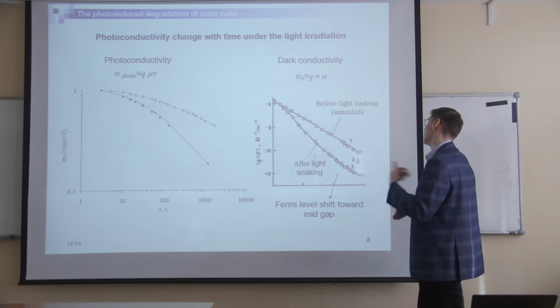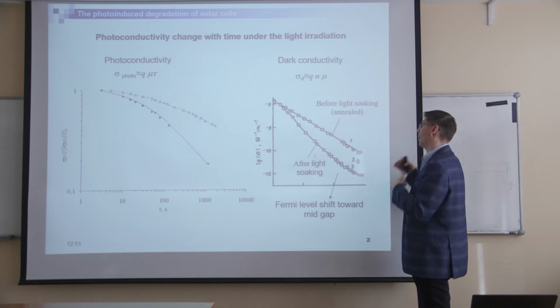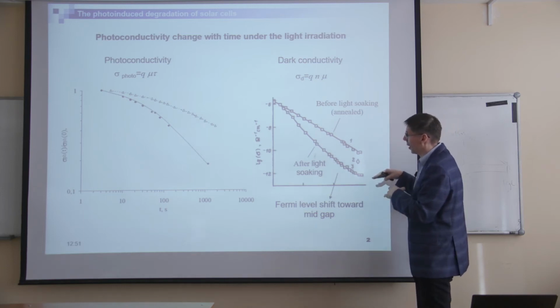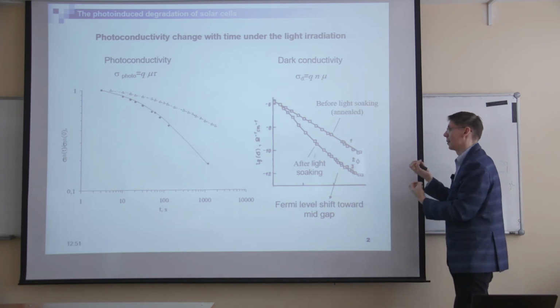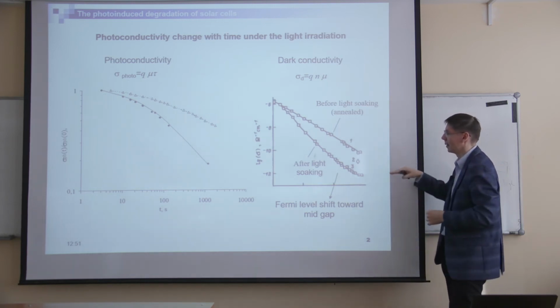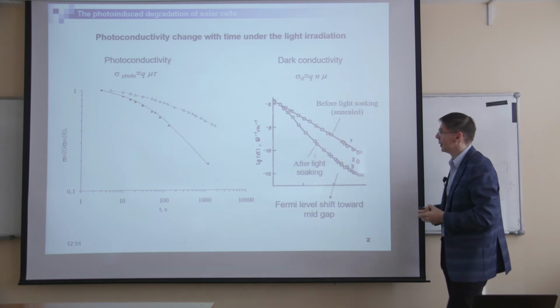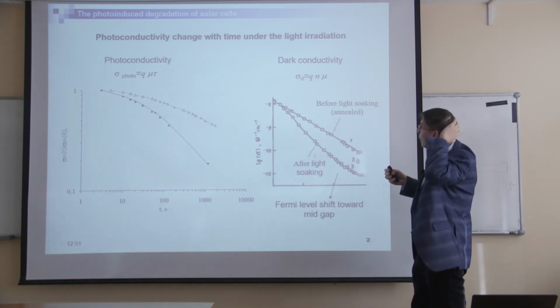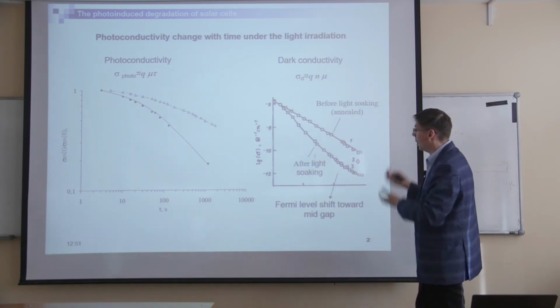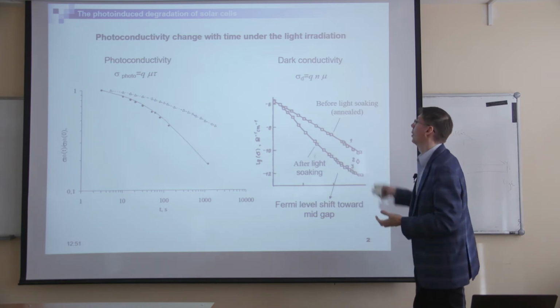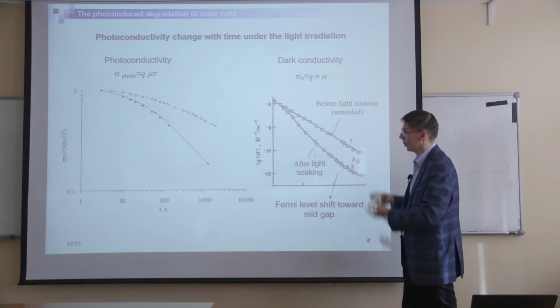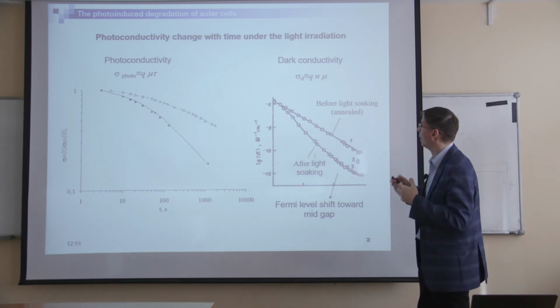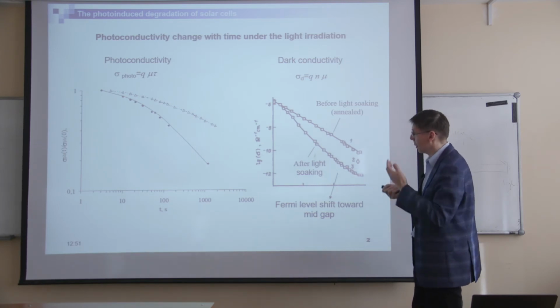Here it's a different thing. So we have a fixed position of the Fermi level due to the so-called pinning effect, due to the defects. So it's really fixed. And then if you change the temperature, the concentration of the charge carriers would change exponentially.